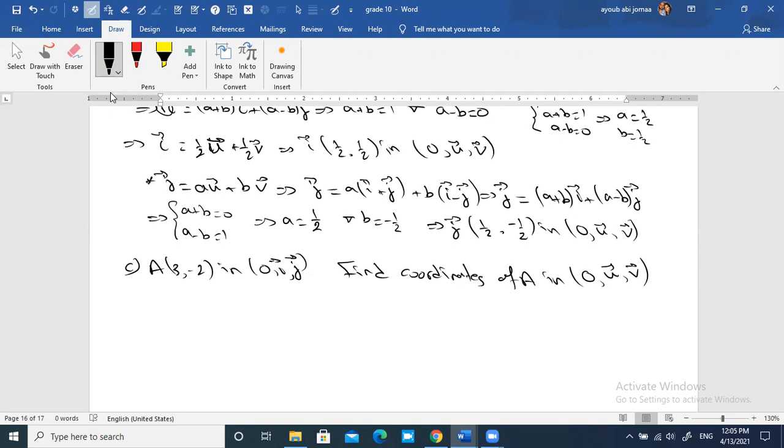Now we have their coordinates from the previous part. Okay, which rule? X prime is equal to X minus A. Yes? No? Look here.